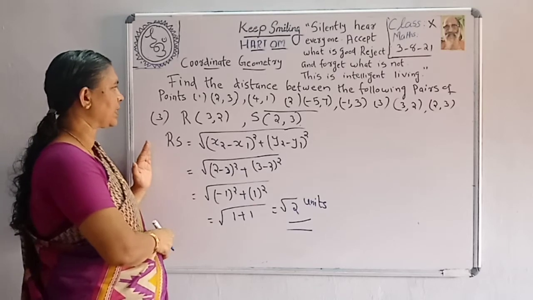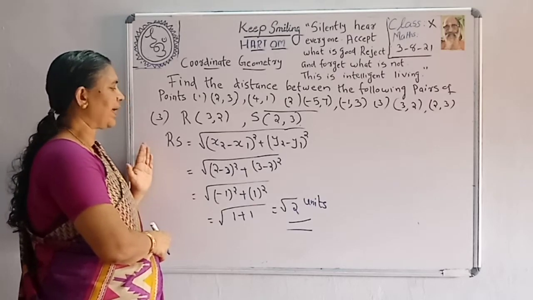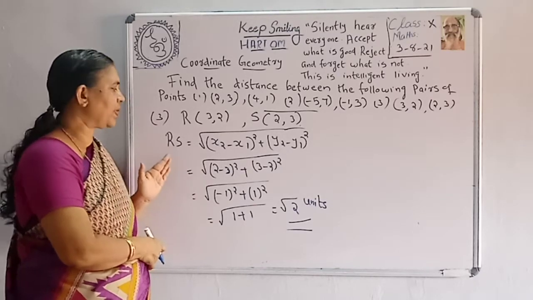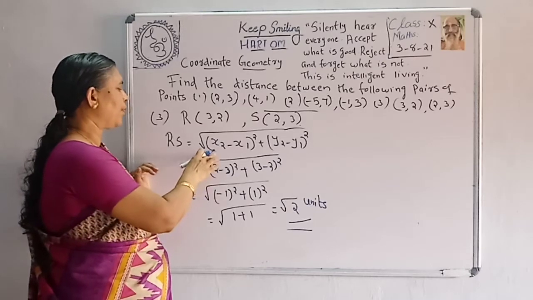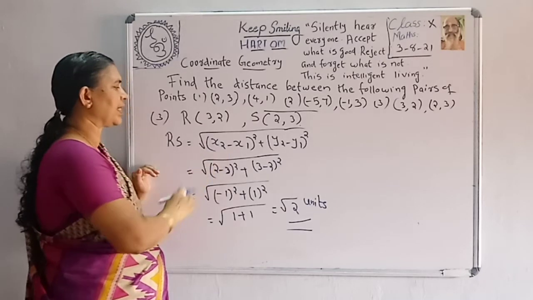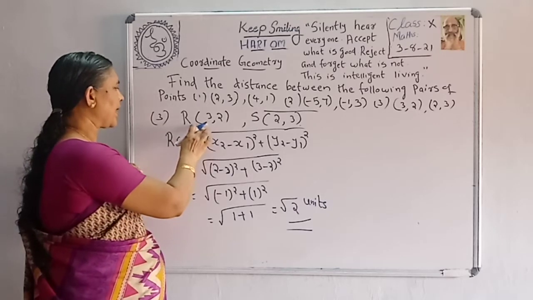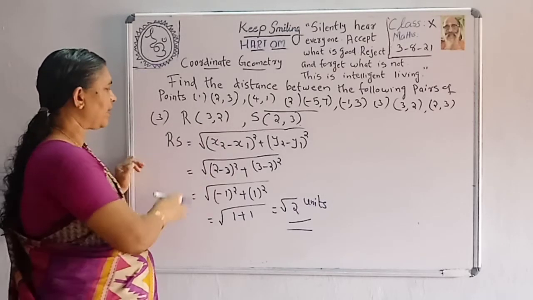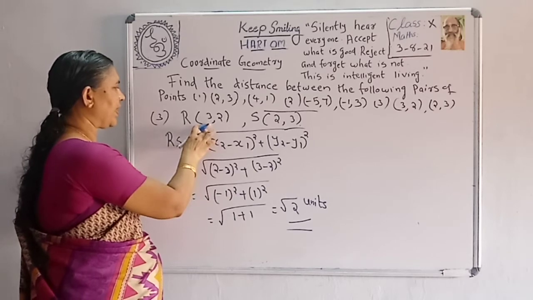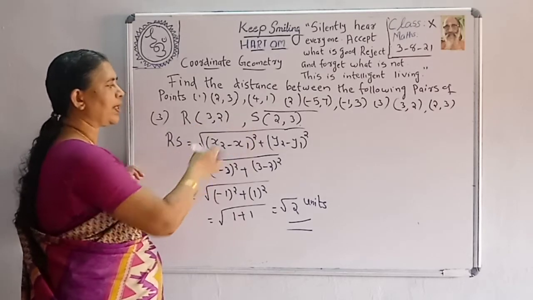So to find the distance between 2 points P(x1, y1) and Q(x2, y2), we use the formula square root of x2 minus x1 the whole square plus y2 minus y1 the whole square. Here R is 3, 2 and S is 2, 3. We take x1, y1 as 3, 2 and x2, y2 as 2, 3.